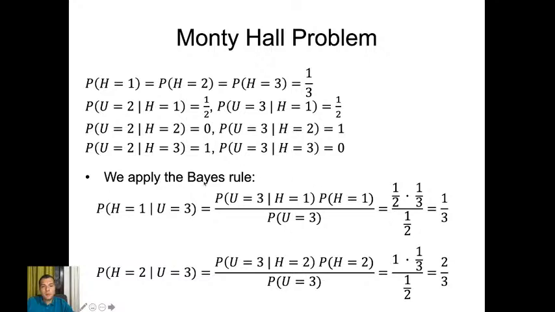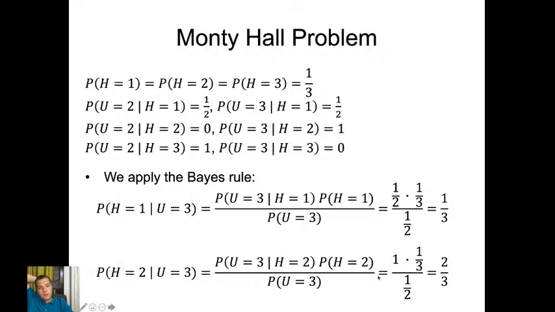Looking for these probabilities, it's 1 divided by 2 multiplied by 1 divided by 3. And if the host opens door number 3, the probability of choosing this door is 1 divided by 2, since he has only two door options. So in the end, this probability is 1 divided by 3.